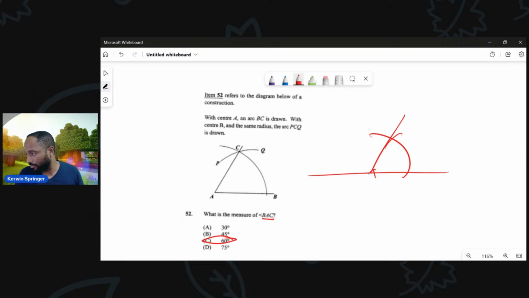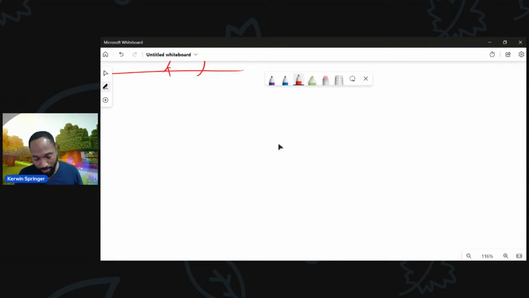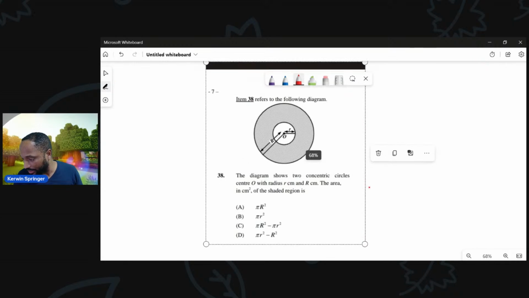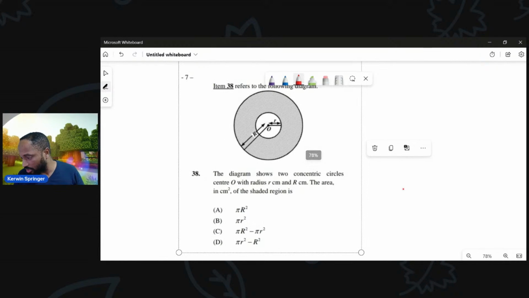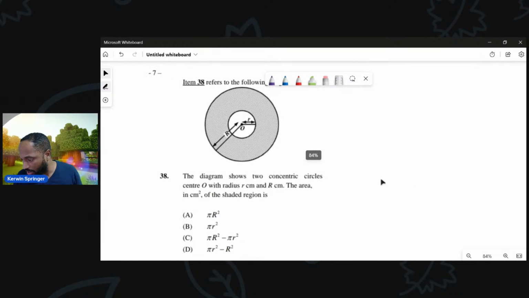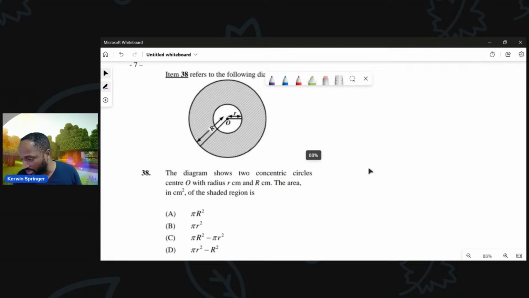All right, so somebody sent me this question. Let's have a little look. The diagram shows two concentric circles, big R and small r. The area of the shaded region is pi capital R squared minus pi small r squared. They didn't even put any tricks.